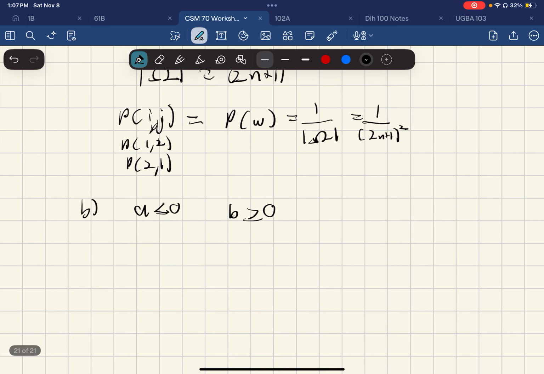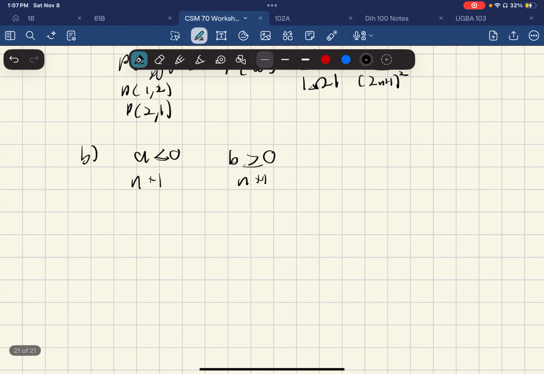So for A, there are n plus 1 possible values we can have from -1 to -n. And for B, we also have another n plus 1 possible values from 1 to n.